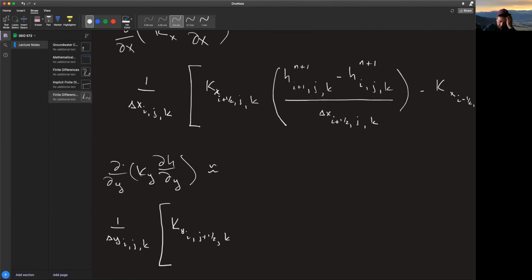All right, so all of our changes in indices, h, i, j plus 1, k, minus h, i, j, k, and these are all at the n plus 1 time step, over delta y, i, j plus 1/2, k.